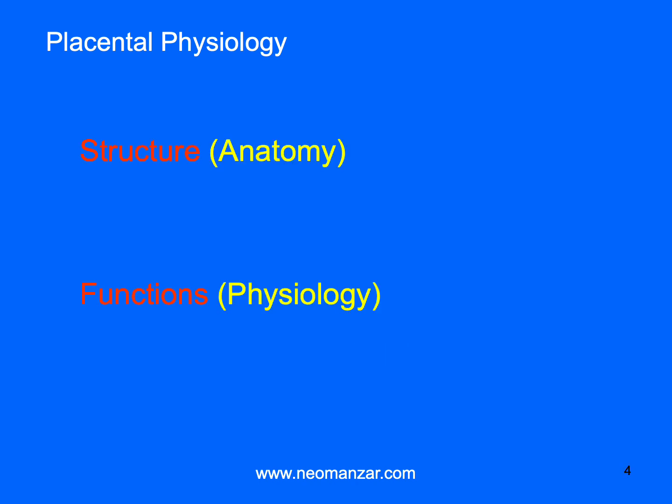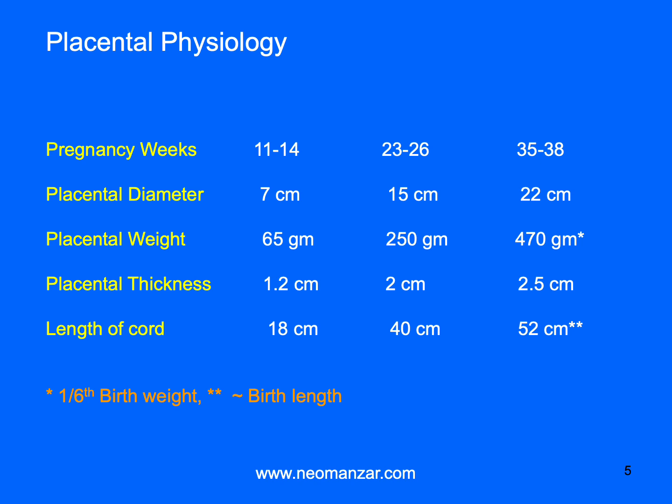So let's talk a little bit about structure, and then we'll go to the physiology. Structure-wise, as you can see, with time the diameter of the placenta increases, the weight increases, the thickness increases, and of course the length of the cord. Pause the slide and look at it. Most of our premature babies are going to be delivered in this section, so a 23-weeker.